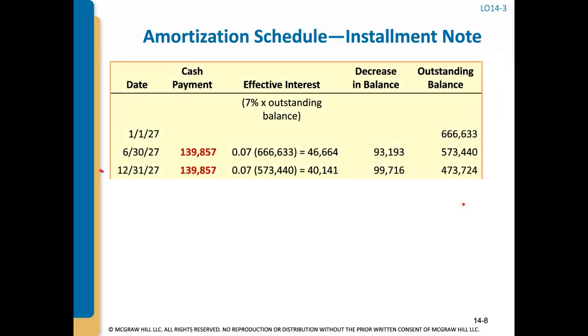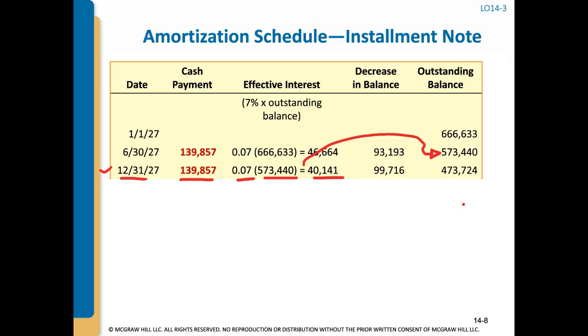Let's go on to our second payment on 12/31. Again, same cash payment of $139,857, which we had to calculate. We're going to take our effective interest rate, which is 7%, times our beginning outstanding balance, or our prior period ending balance, that $573,440, and that gives us $40,141.